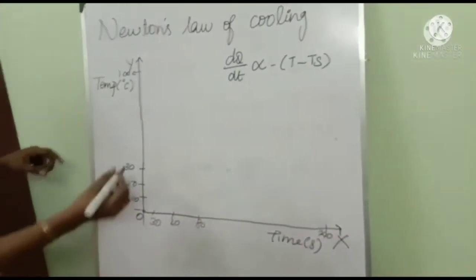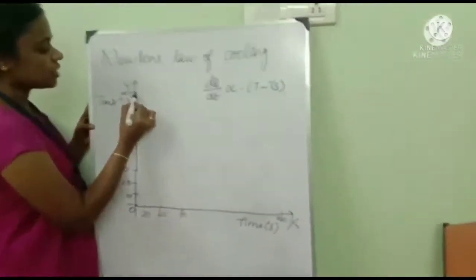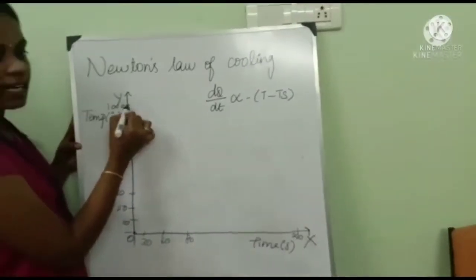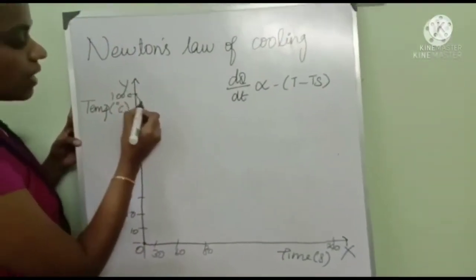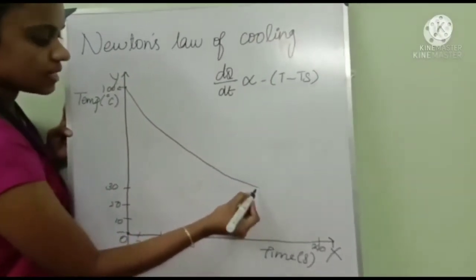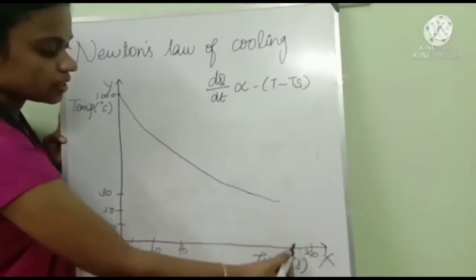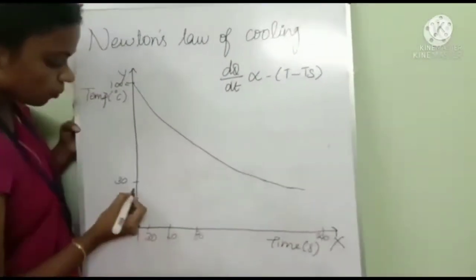seconds. Now, initially the coffee is very hot, so the temperature is maximum, that is 100 degrees Celsius, and you keep it for some time, and as time passes, the temperature lowers, until it reaches the room temperature.